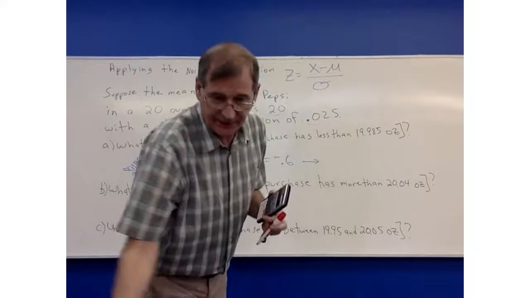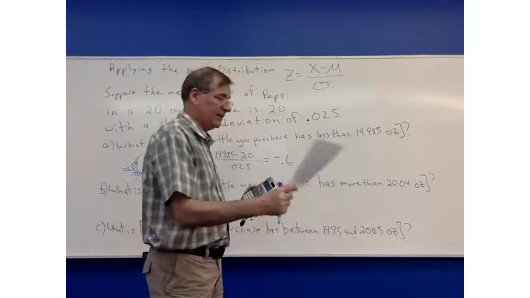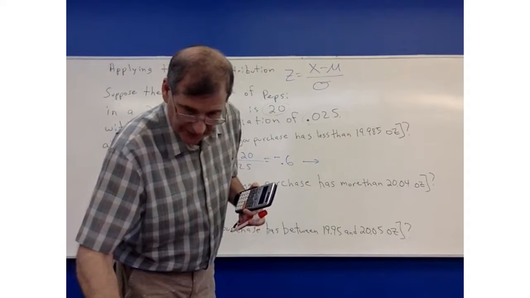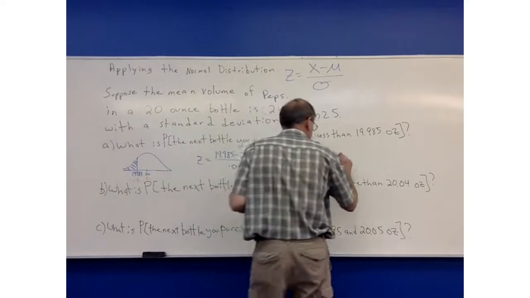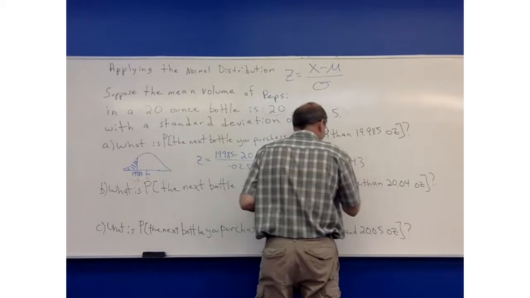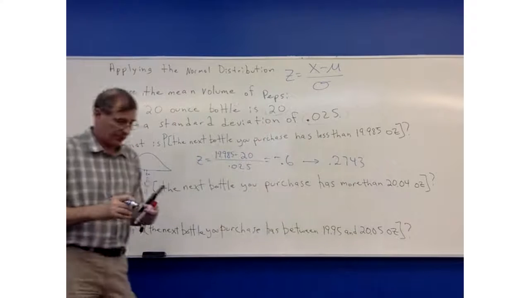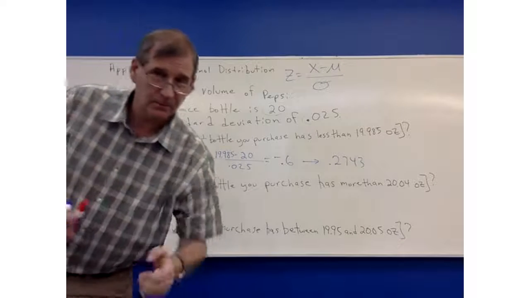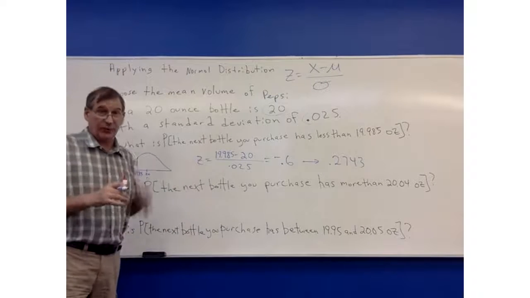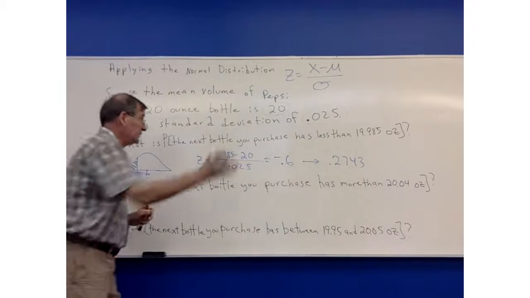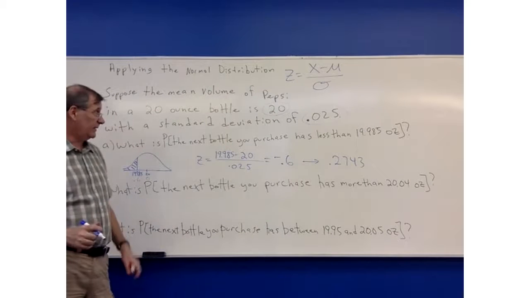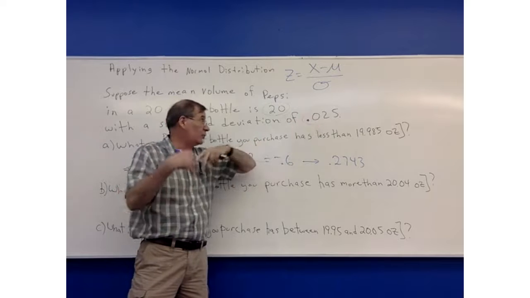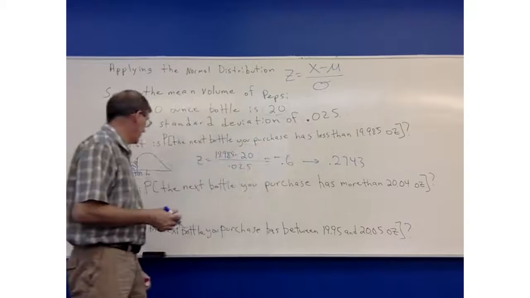Negative 0.6, we get 0.2743. So that's going to happen 27% of the time under these conditions. Under that much variation in your product, in your quantity, that's going to happen 27% of the time.